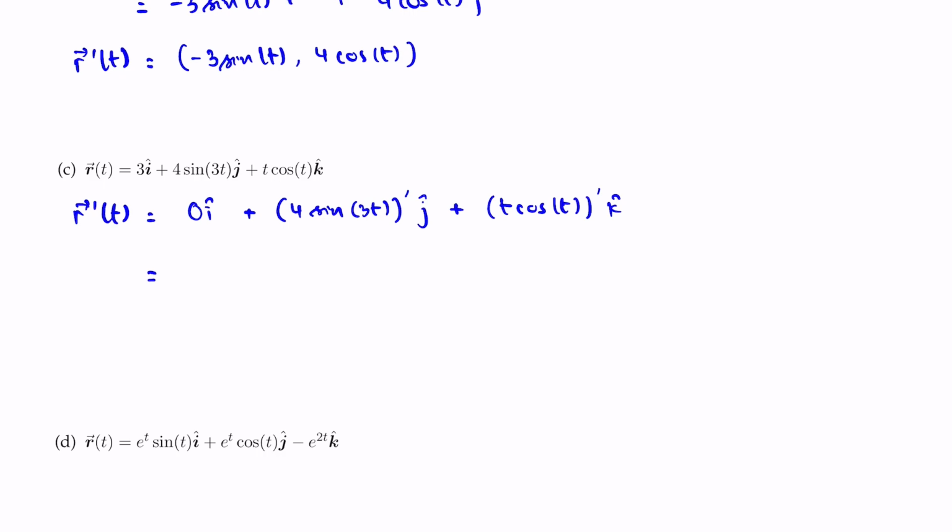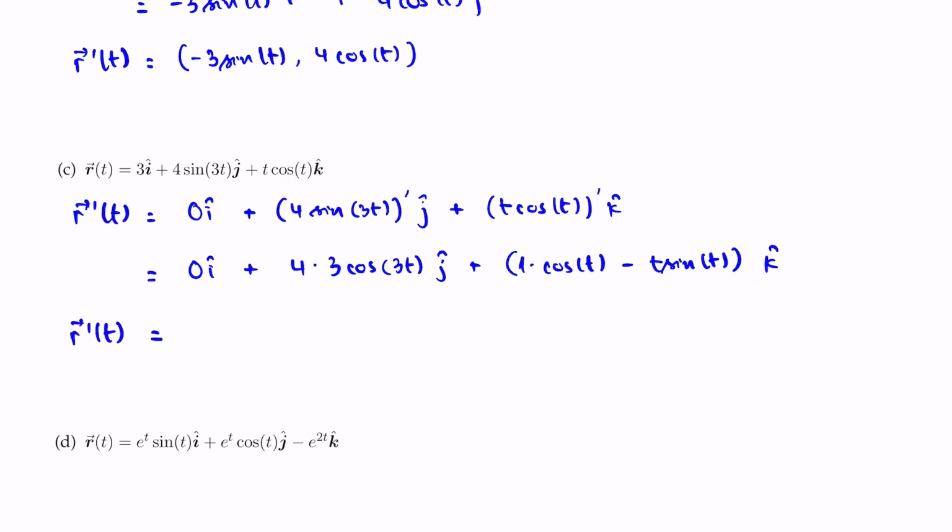And you get 0i plus 4 times 3 times cosine of 3t j, plus, again, you need to apply the product rule for this component. That is 1 times cosine of t minus t times sine of t k hat. And you can rewrite the result as 0i plus 12 times cosine of 3t j plus (cosine of t minus t times sine of t) k. And that is the answer.